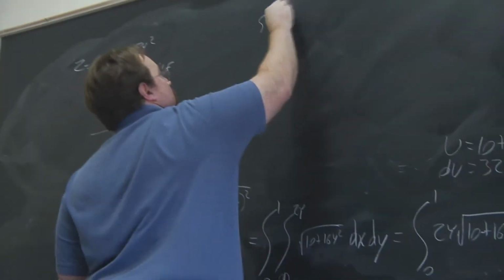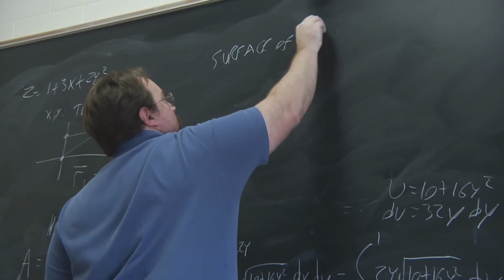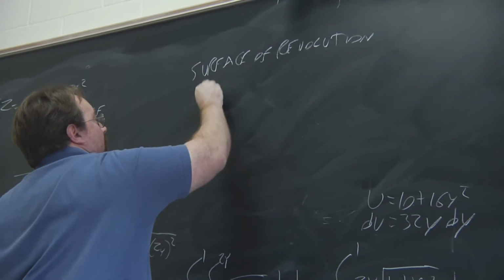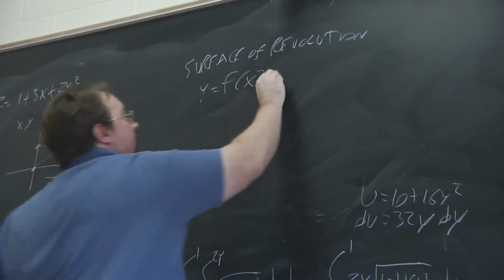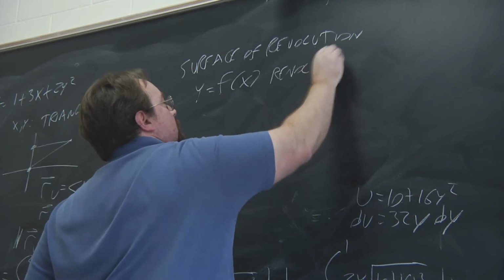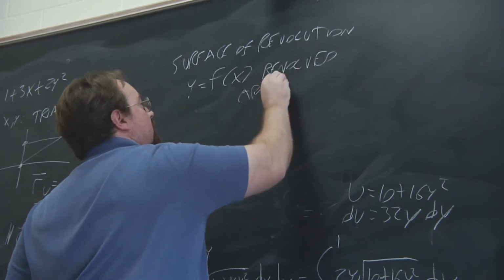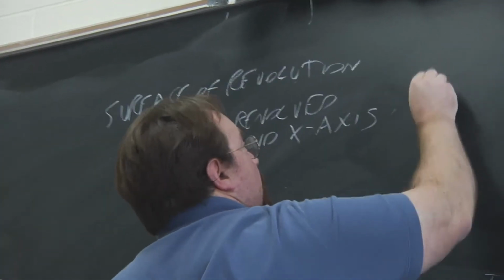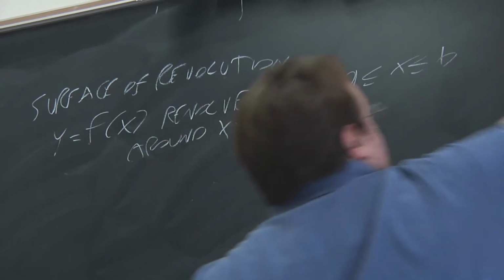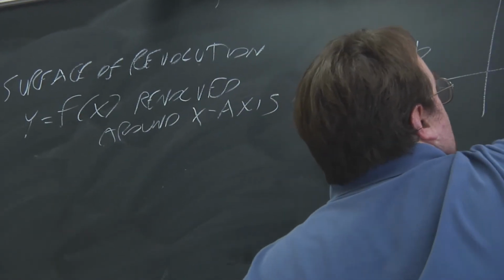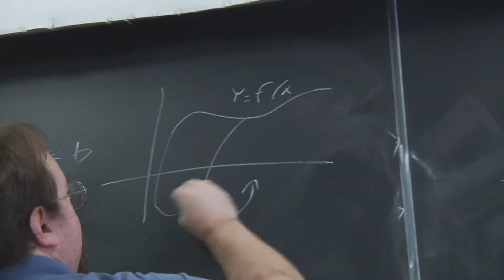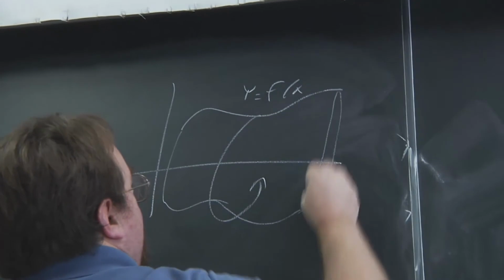So if you have this parameterization, you're involving y equals f of x revolved around the x-axis, and x goes between a and b. So you have this curve, y equals f of x, and then revolve it around so you get some really dorky vase.